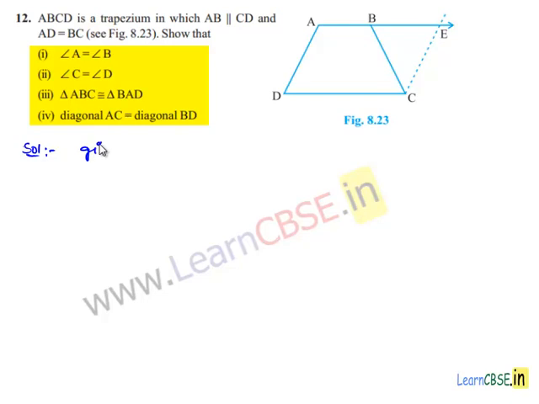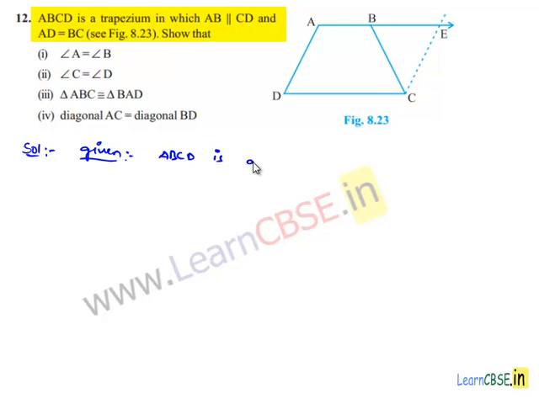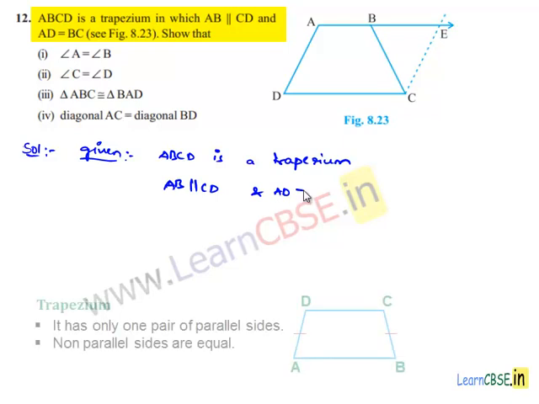Let us note down the given information that ABCD is a trapezium in which AB is parallel to CD and AD is equal to BC.